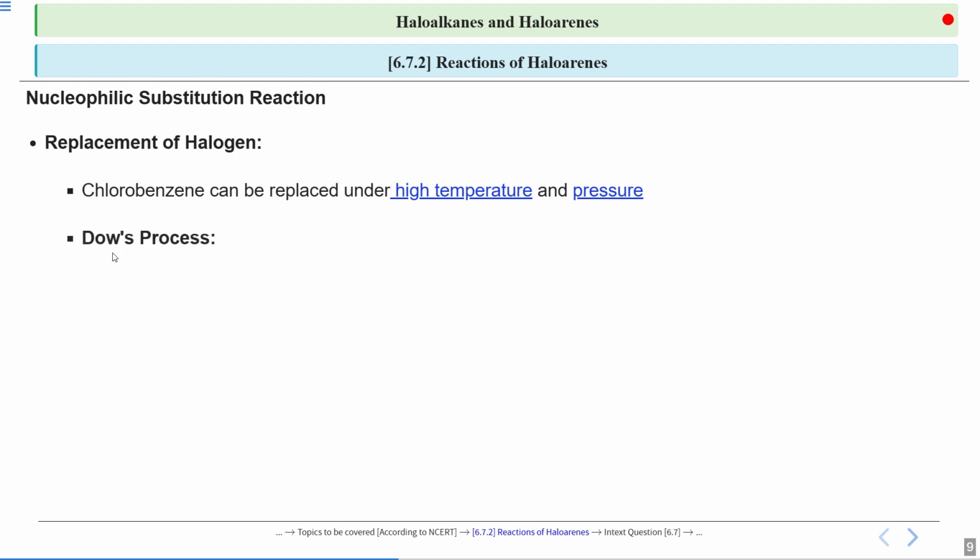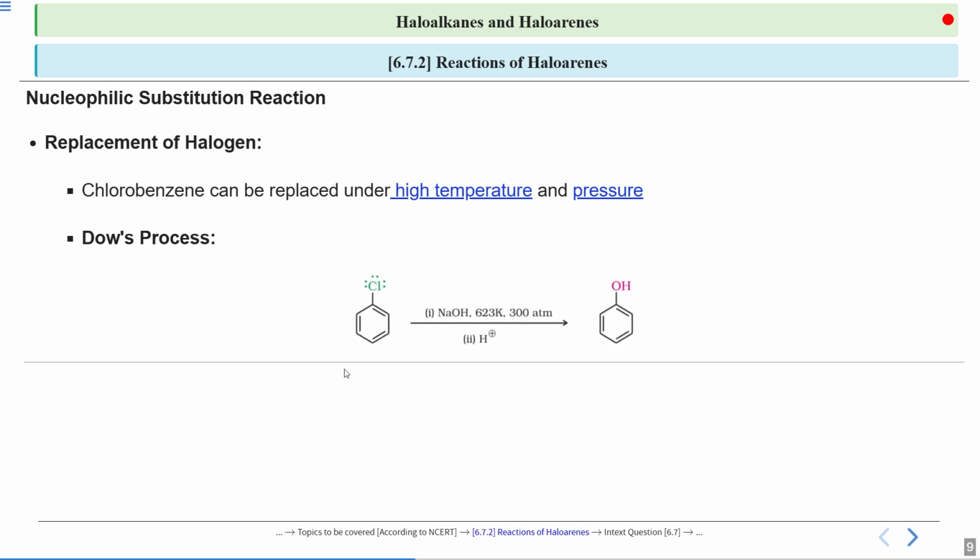So this is known as the Dow process that we are going to see, where you are taking chlorobenzene. You are treating it with sodium hydroxide first of all under a very high temperature, 623 Kelvin, and high pressure, that is 300 atmosphere. Then you treat it with a proton, so that you get your product as phenol.